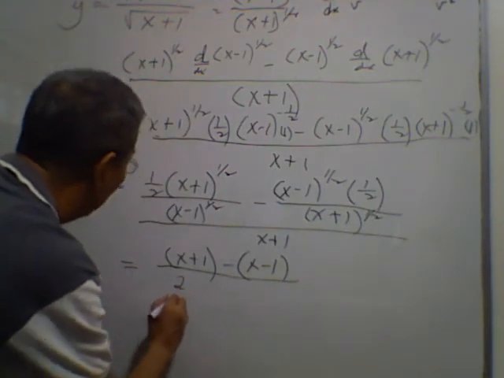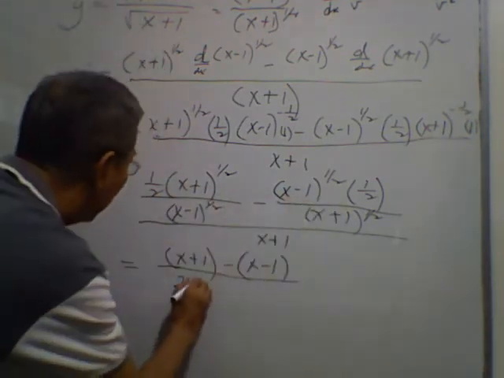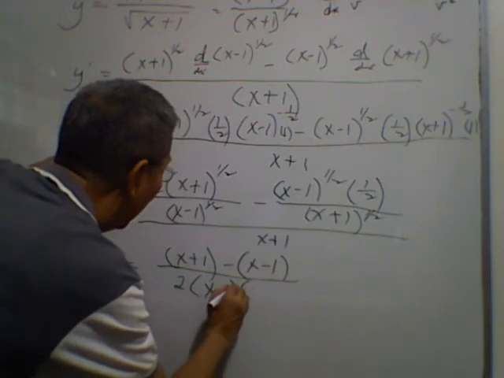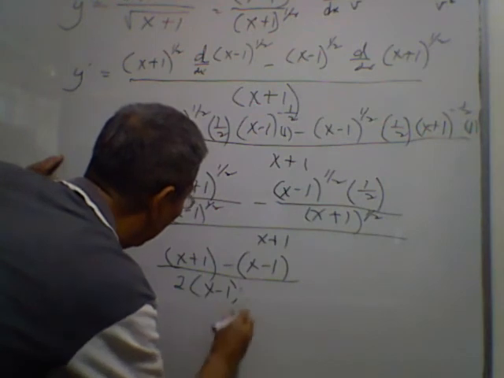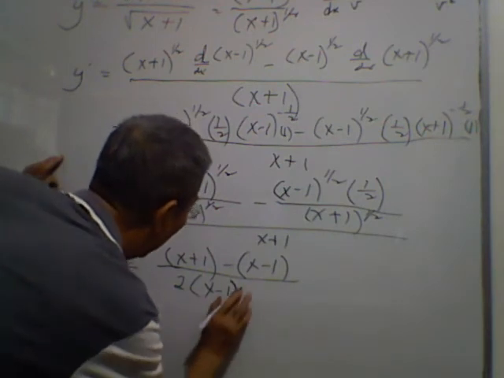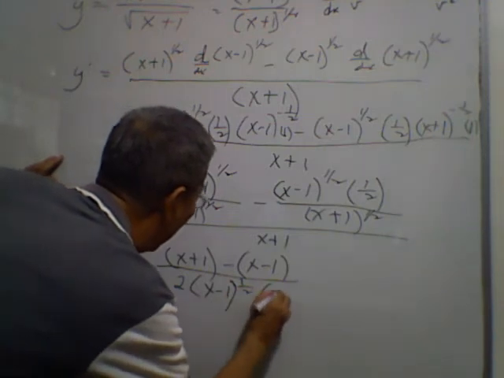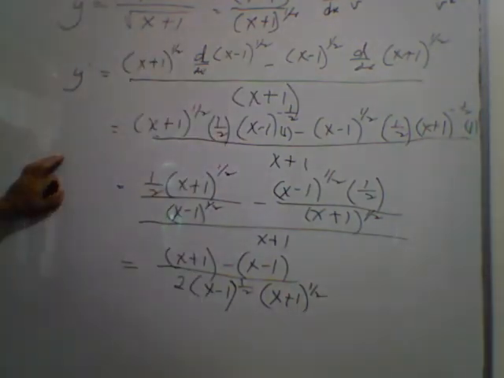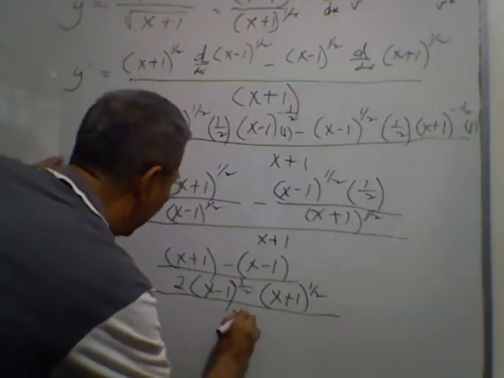So this one is 2, because 1 half is 2 times quantity x minus 1, x minus 1 raised to 1 half times x plus 1 raised to 1 half, and that will be all over x plus 1.